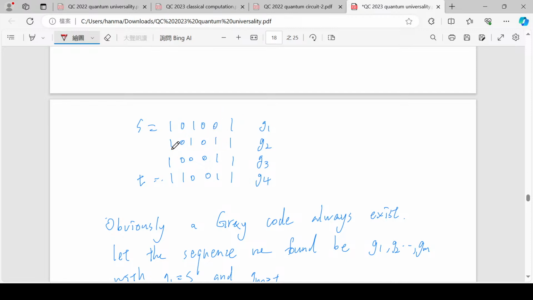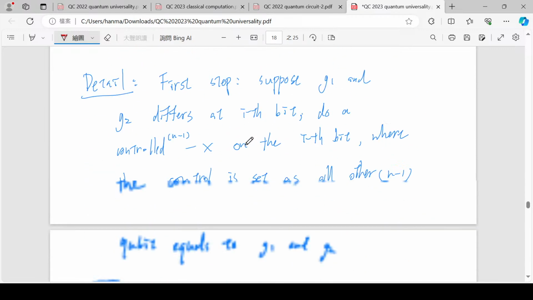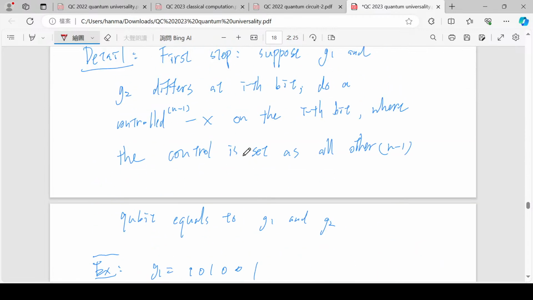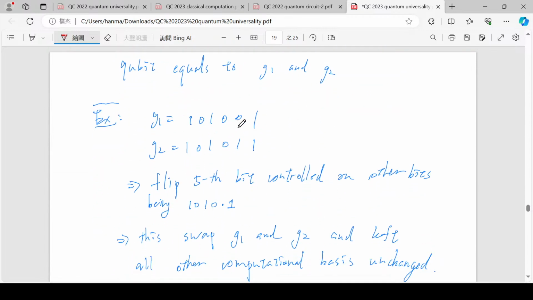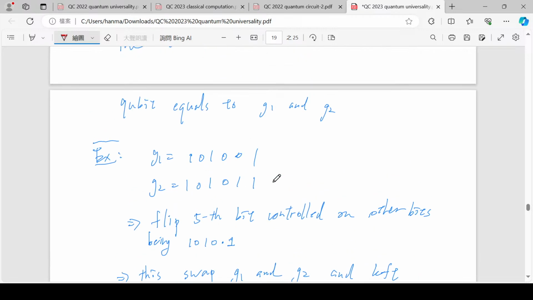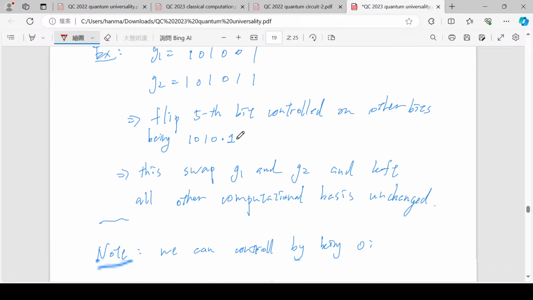So you control first qubit on 1, second qubit on 0, third on 1, and fourth on 0, and next on 1, and flip that qubit, then that will flip G1 and G2, and so on. Yeah, so for example here, you want to flip this thing, and so you control all other bits equal to this, and you do X on the fifth bit.